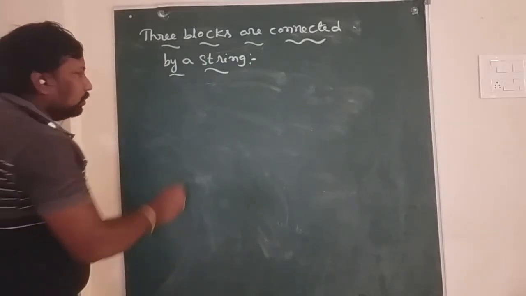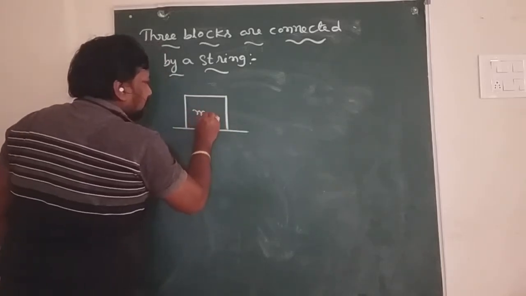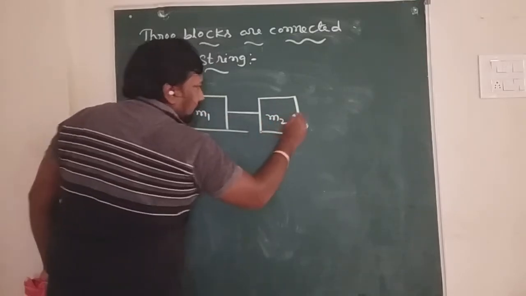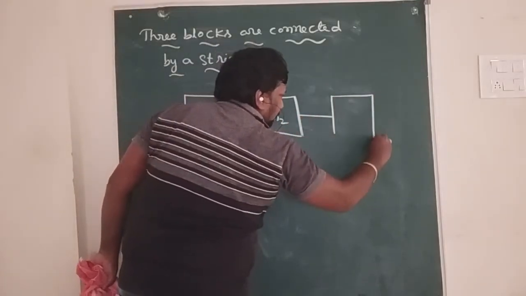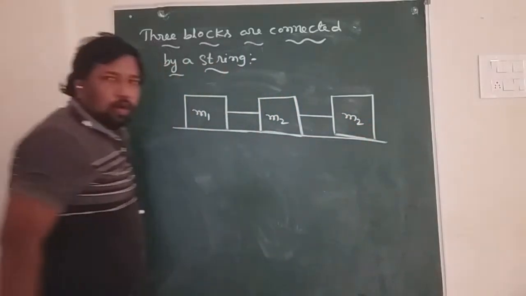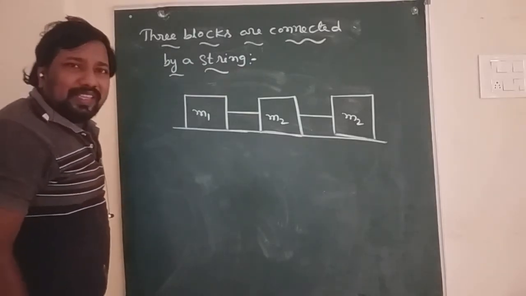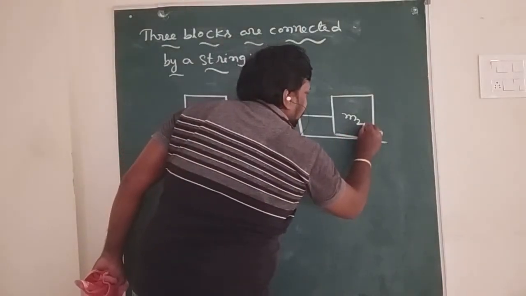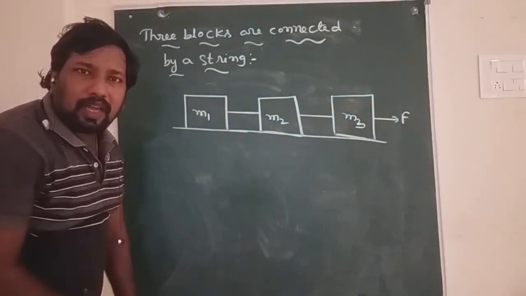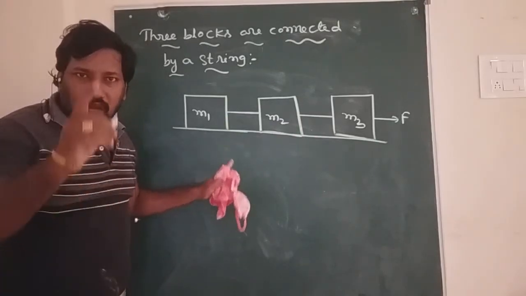So here there are 3 blocks of masses M1, M2 and M3. These 3 blocks are lying on a smooth horizontal surface, and a pulling force is acting on the block M3. Now these three blocks are connected by the same string, so they are treated as one system.